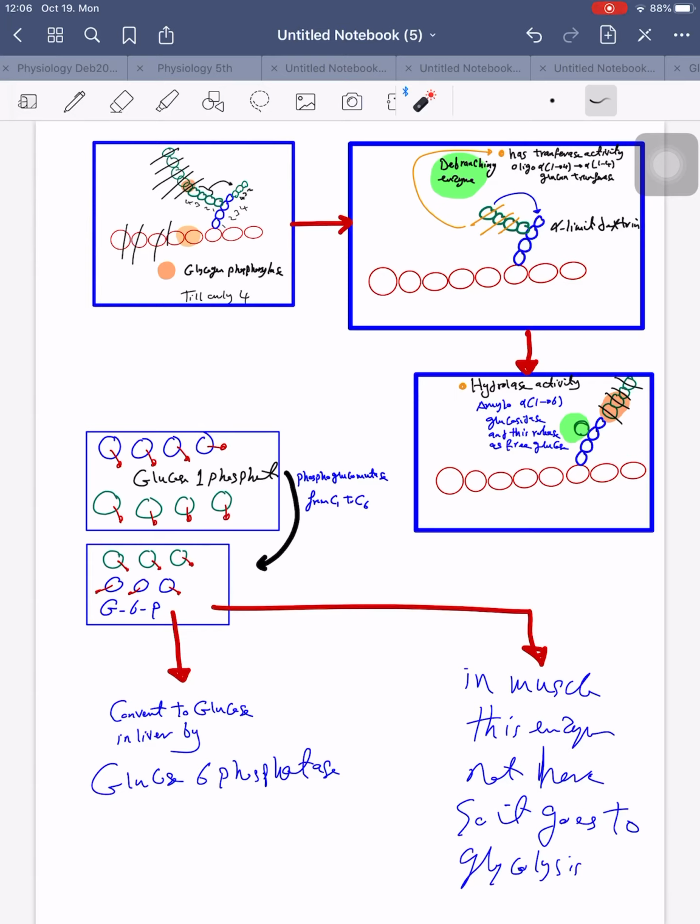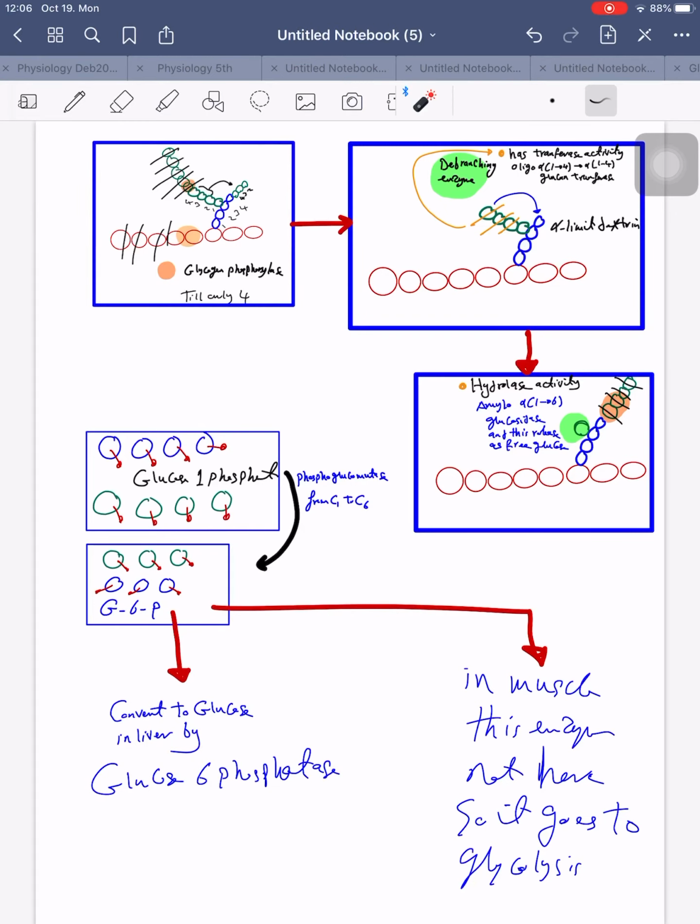So which enzyme can convert glucose 1-phosphate to glucose 6-phosphate? Again, it is a mutase. Phosphoglucomutase will transfer the phosphate from carbon number 1 to carbon number 6. Now you are in the liver and the muscle and you have glucose 6-phosphate. In the smooth endoplasmic reticulum of the liver cell, there is an enzyme called glucose 6-phosphatase.